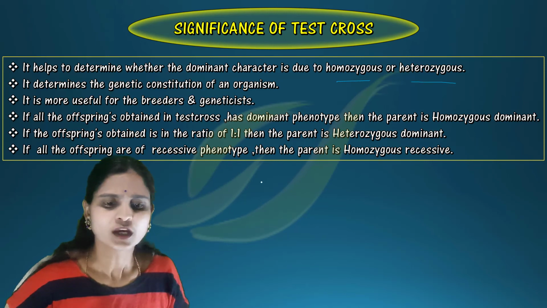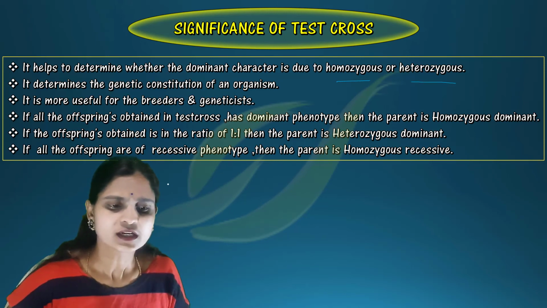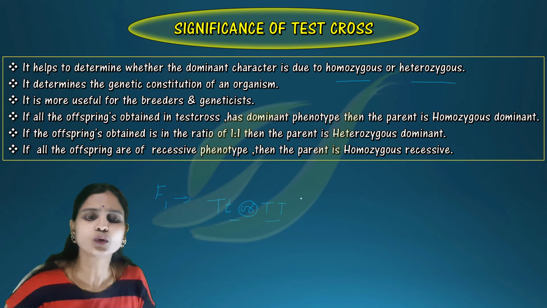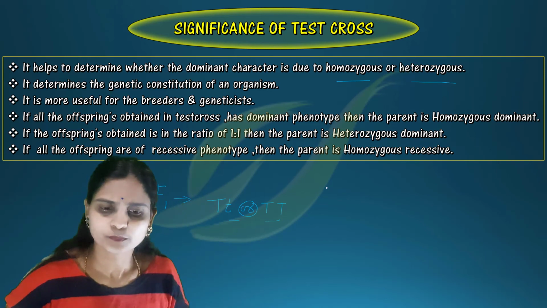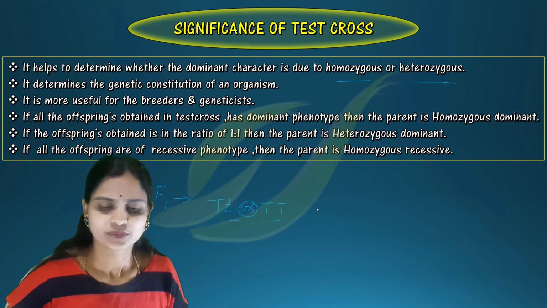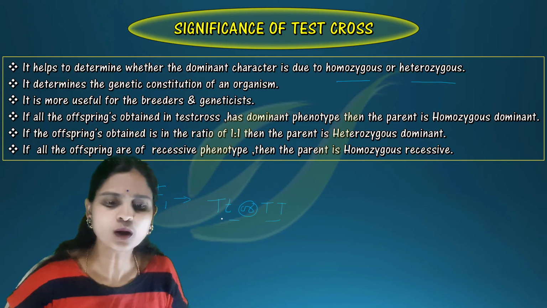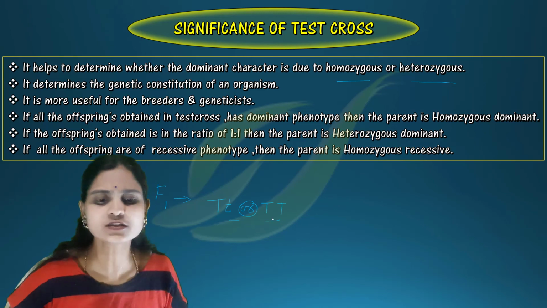If you do a test cross in the F1 hybrid, you will be able to know whether the plant obtained is heterozygous tall or homozygous tall.